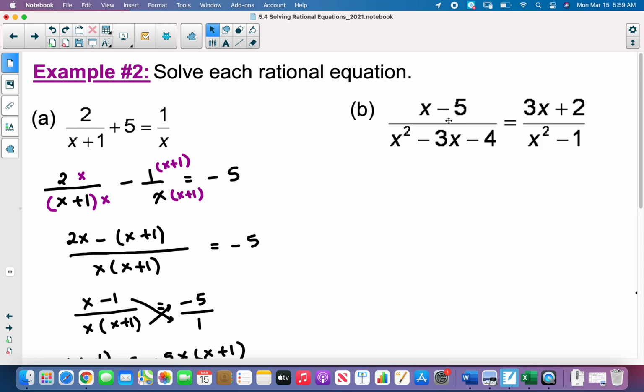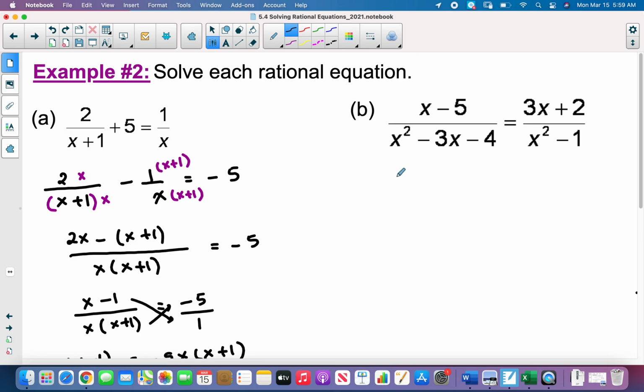x minus 5 divided by x squared minus 3x minus 4 equals 3x plus 2 divided by x squared minus 1. It's easier to find what we need to multiply both sides with if we can factor the denominators.